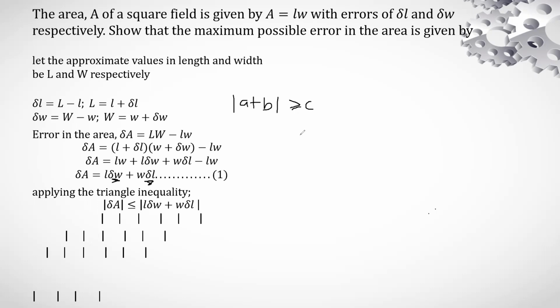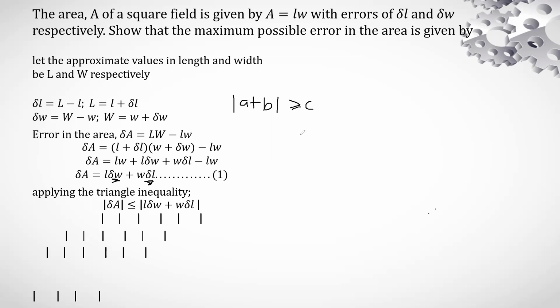We have obtained and seen that the error in the area depends on these two values. But you should realize the error you make in the area will never be greater than the sum of the independent errors you're going to make in length and width.